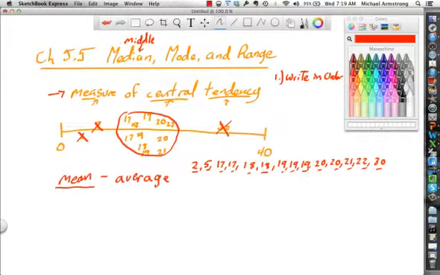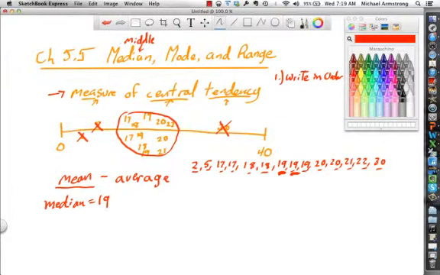If I count over 7, that's this one. I count over 7 from the other side, that's this one. So I have two numbers that are in the middle. 19 happens to be the same for both of them. So my median is 19.